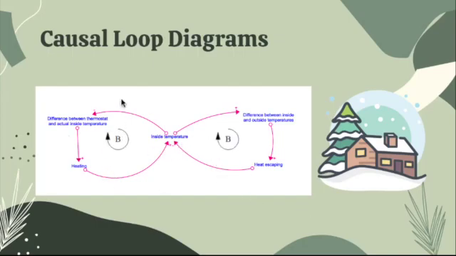And so we can see that these are both balancing feedback loops. As inside temperature increases, we're going to see less heating, and as inside temperature increases, we're going to see more heat escaping. So keeping that temperature from getting too hot.